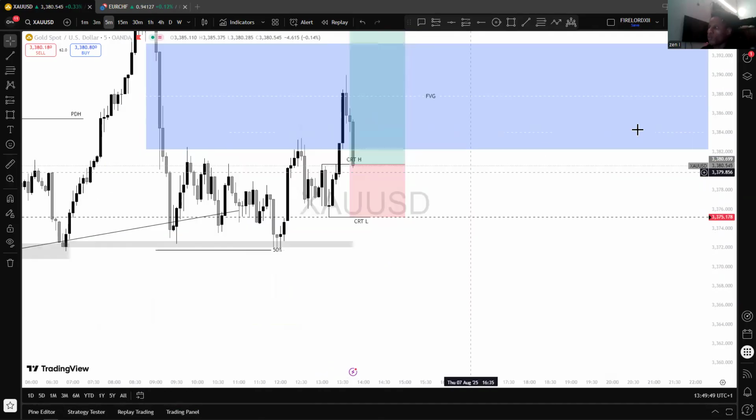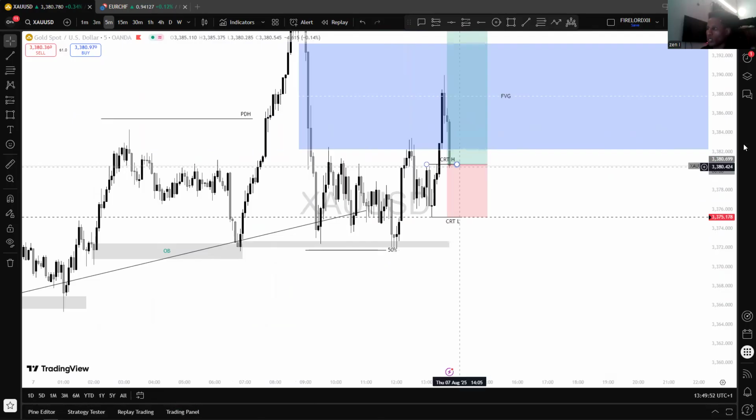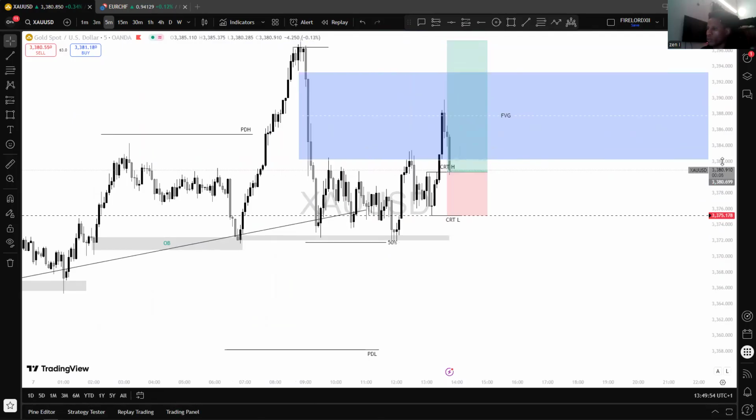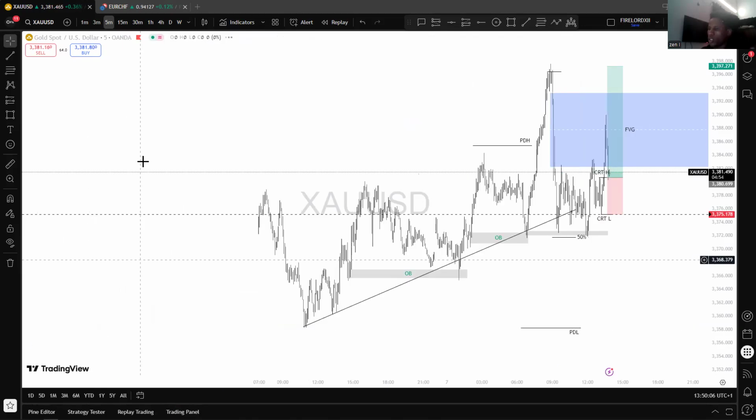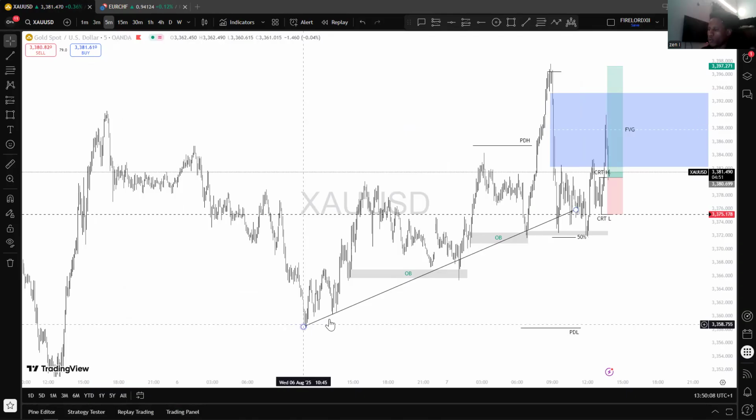But if we all observe something, there's one thing we can notice: this crash that happened did not cause a change in trend. You see that this uptrend started from here, right?